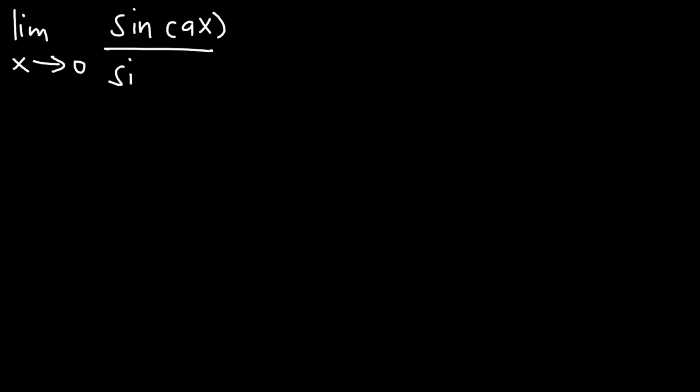Now what if we had, let's say, the limit as x approaches 0 of sine ax divided by sine bx. Now, once again, this will be equal to ax divided by bx. So, this would be equal to a divided by b, because the x will cancel out.